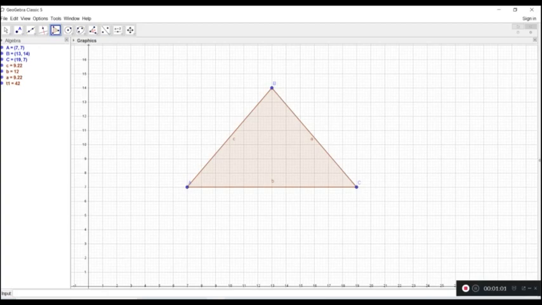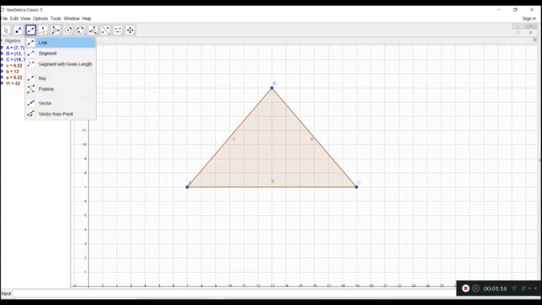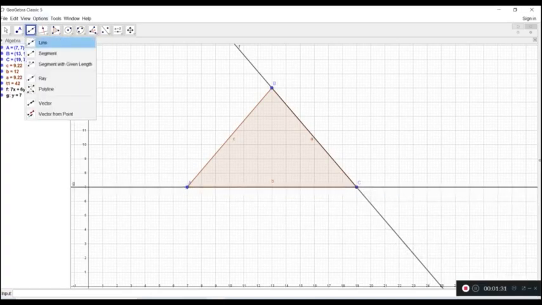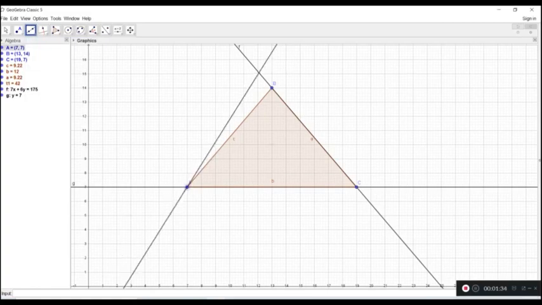As we know, the intersection point of the perpendicular bisectors of the three sides is known as the circumcenter. So first we have to draw the line like this. Then we have to draw the perpendicular bisectors of AB, BC and AC.